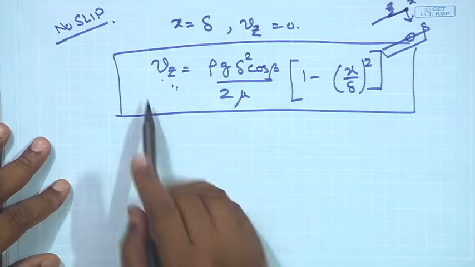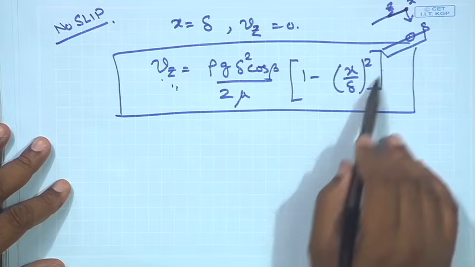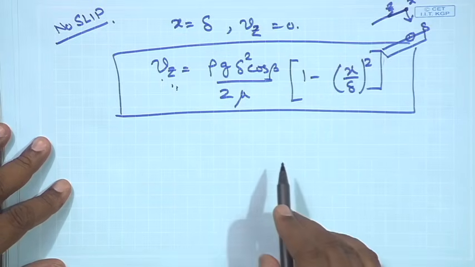If we think intuitively, the velocity is going to be maximum at the liquid air interface, and the velocity is going to be minimum, 0 in this case, at the liquid solid interface, and in between the velocity varies. When you look at the functional form, you would see that the variation is parabolic in nature.